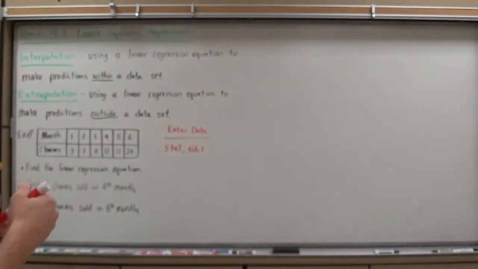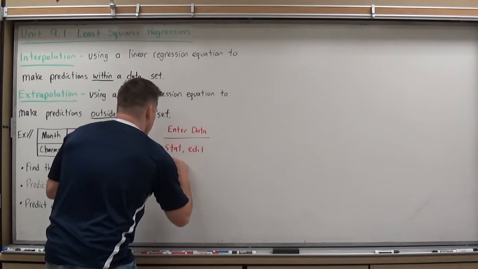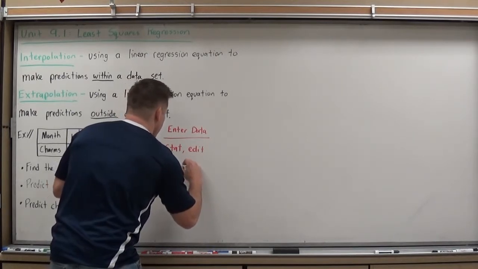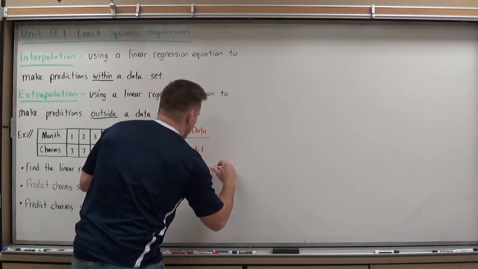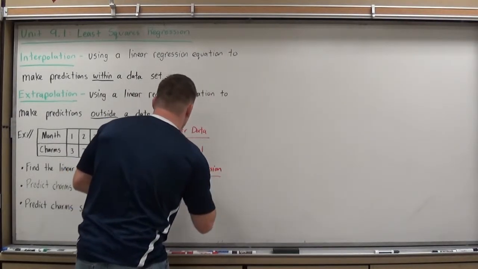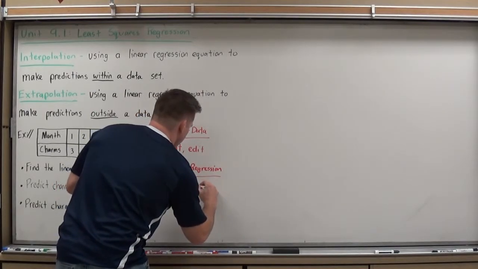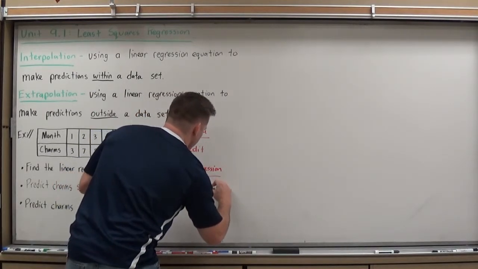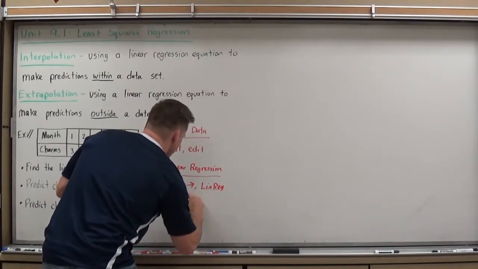So let's put that down. So to enter data and do a linear regression, I press stat, right arrow, choose linreg, and then press enter twice.